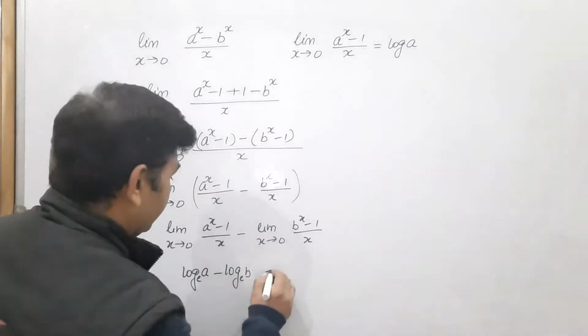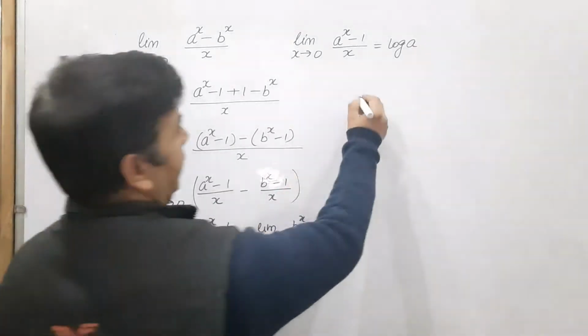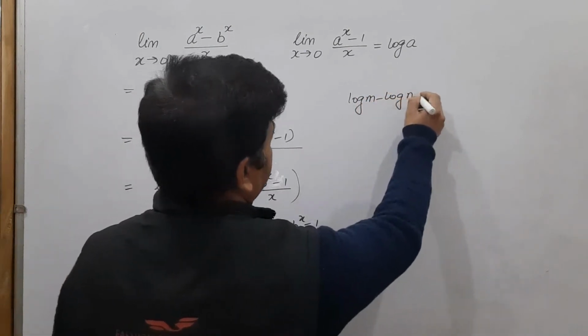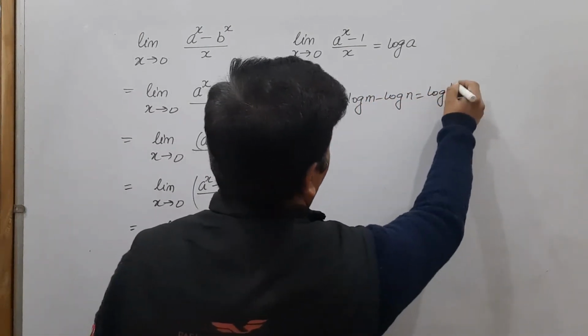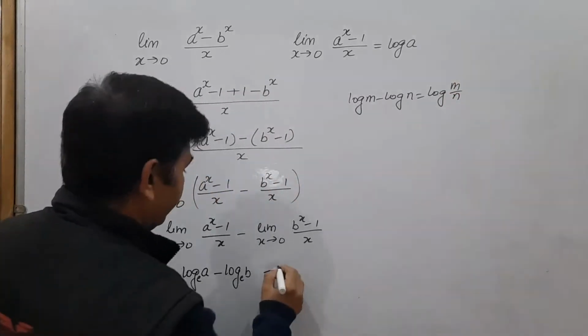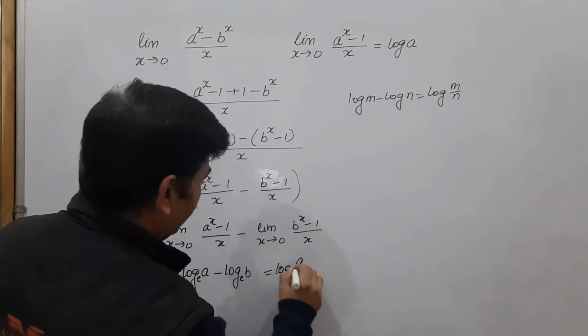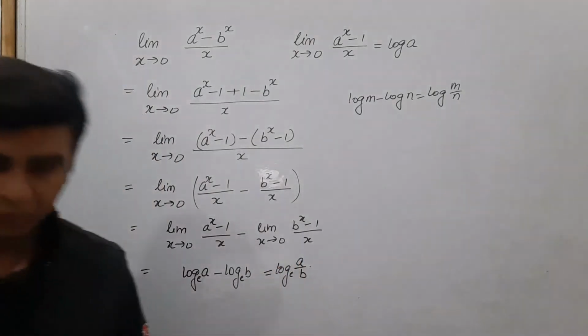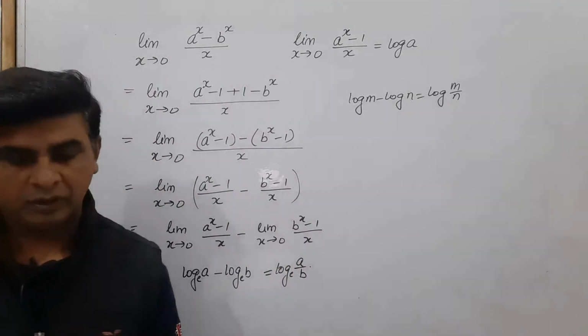And we know that log m minus log n, this is a property of logarithm function, you can replace it by log of m upon n. So this can be written as log of a upon b with base e. So this is the solution for the given question.